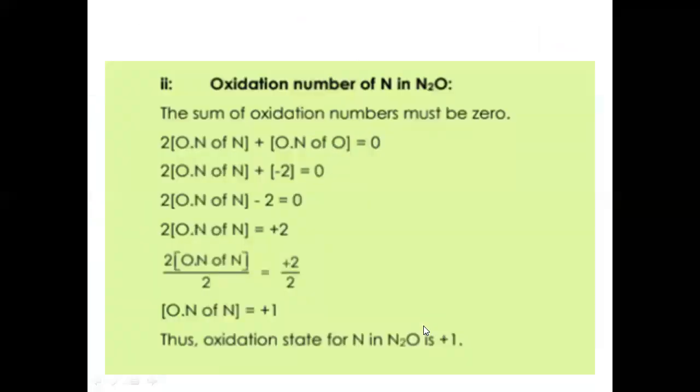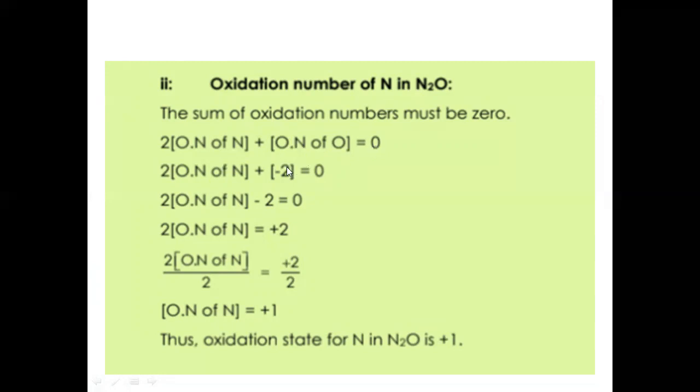Oxidation number of nitrogen in nitrous oxide, N2O. The sum of oxidation numbers must be 0. We have 2 nitrogen atoms, so we write 2 times oxidation number of nitrogen plus oxidation number of oxygen equal to 0, and we have to find it for nitrogen.